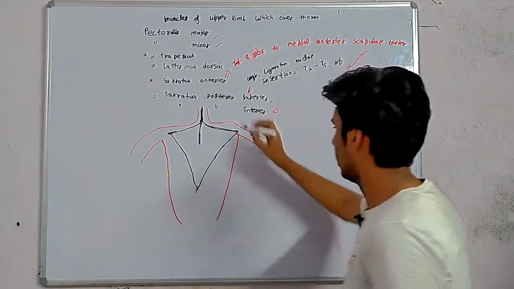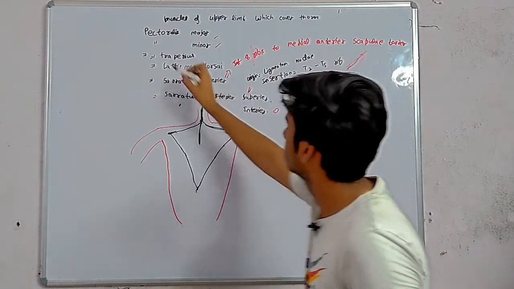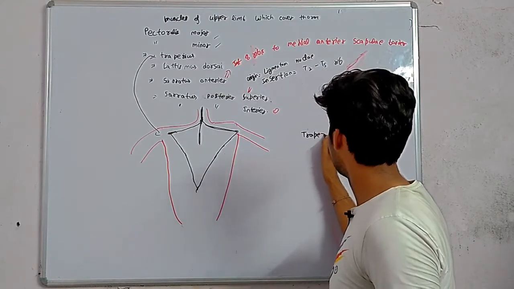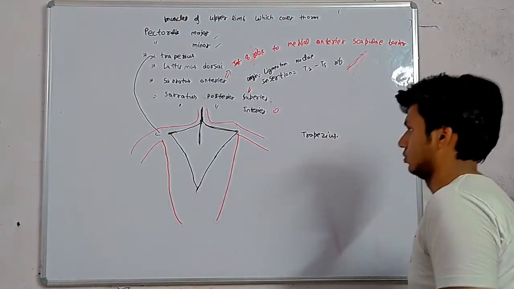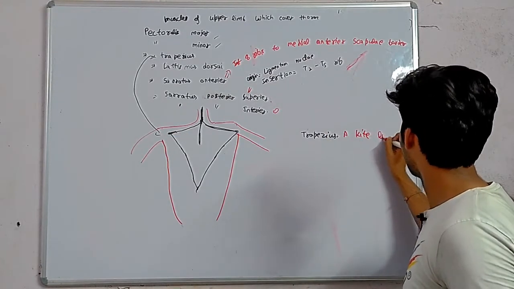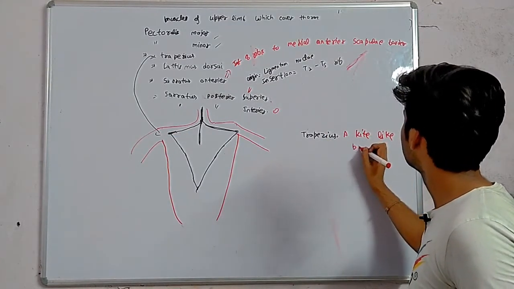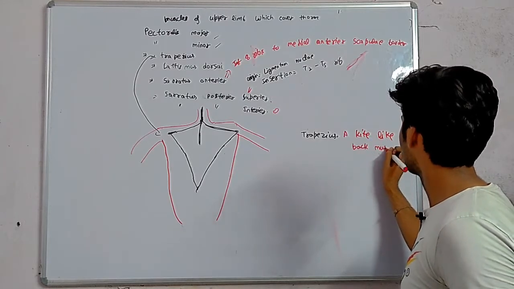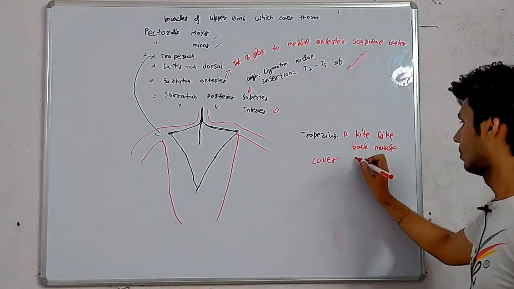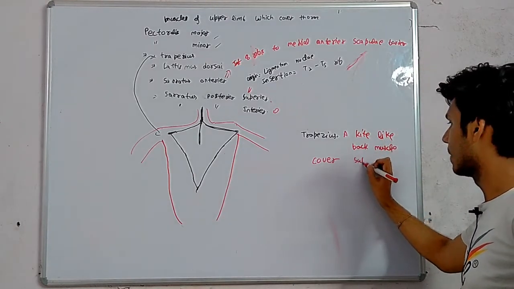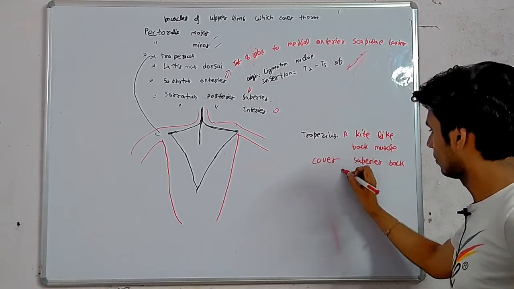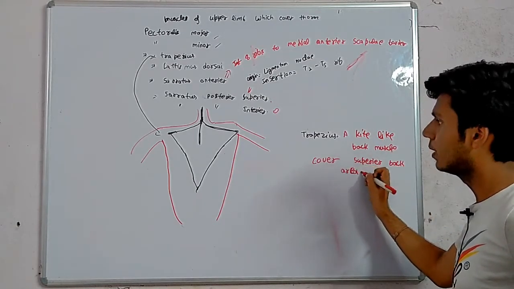If we write about the trapezius muscle, write trapezius: a kite-like back muscle covering the superior back area. Done.